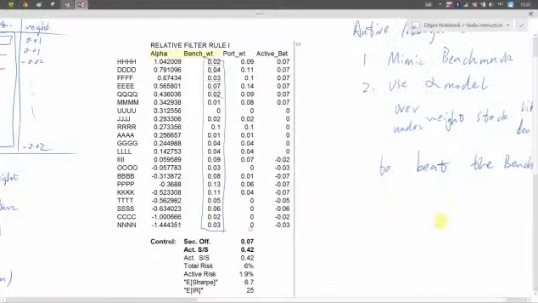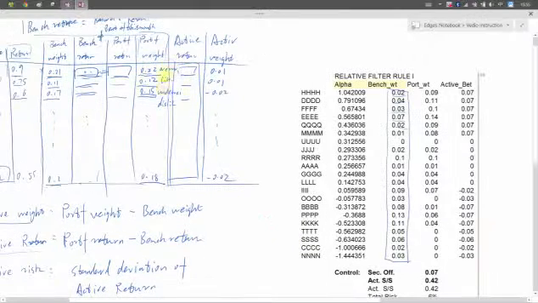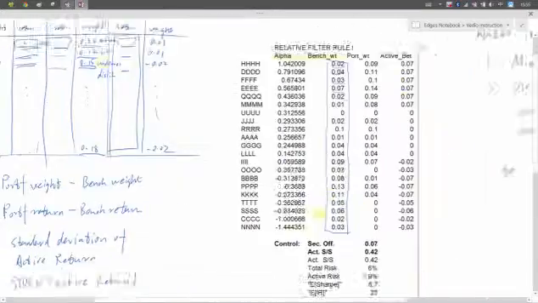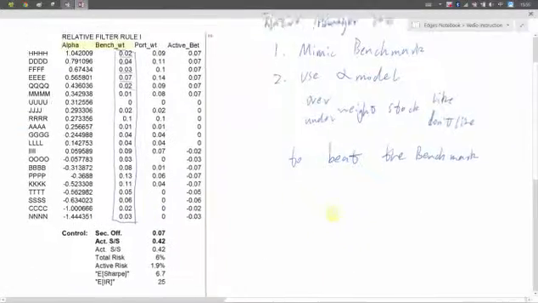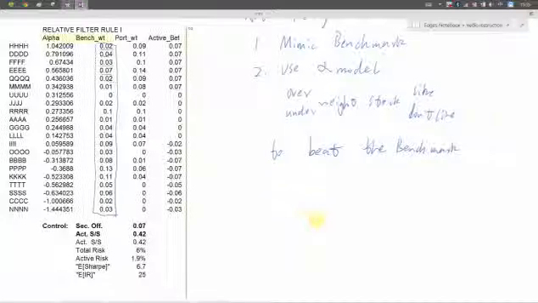As you remember, last time we mentioned the portfolio weight, right? We overweight some and underweight some: the stocks we like and the stocks we don't like. The alpha model is a very complex system that requires calculation.